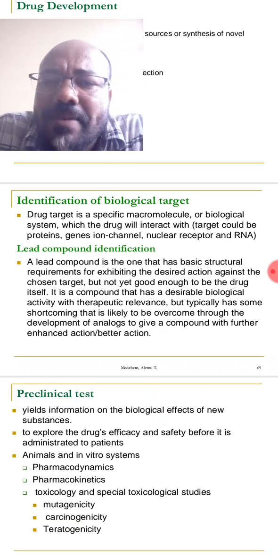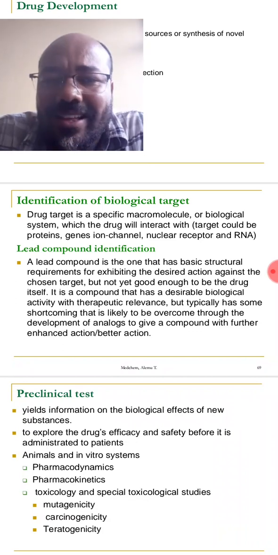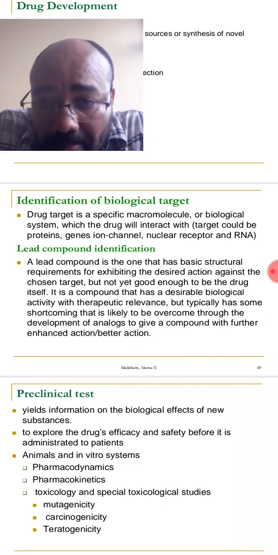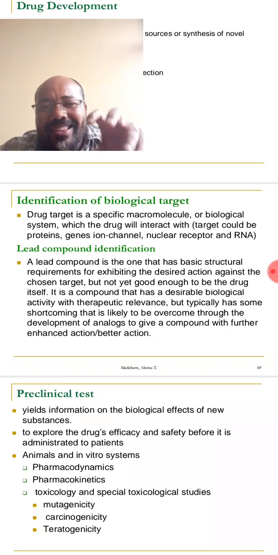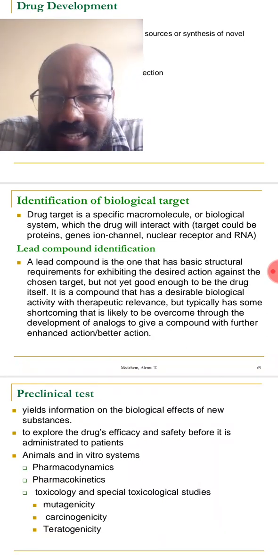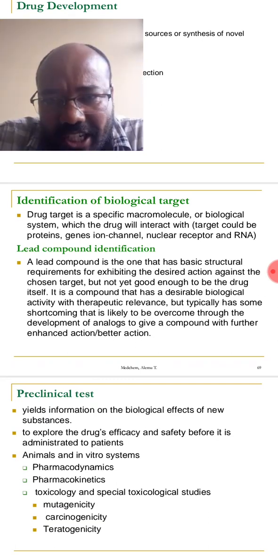A drug target is a specific macromolecule or biological system with which the drug will interact: proteins, genes, channels, receptors. It means the place where the drug will act. The place may be DNA, RNA, an enzyme or an ion channel in which the drug can undergo interaction.